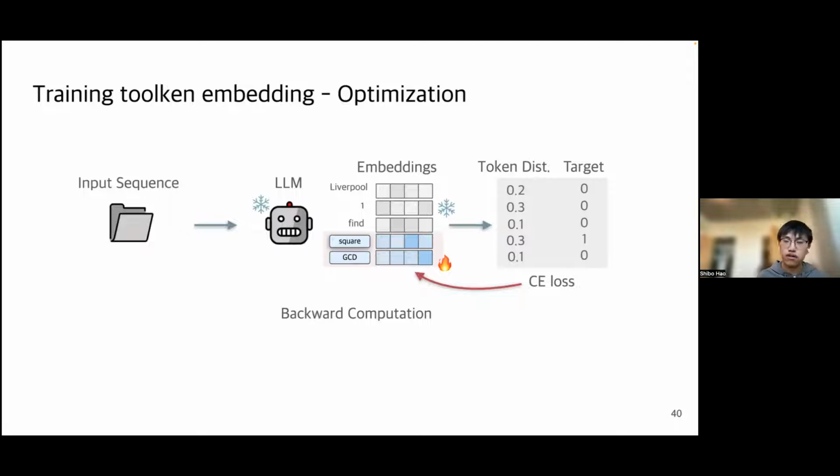No, I think all the parameters in the LLMs are frozen, and we only train the token embeddings, which are introduced by us. So these parameters don't exist in the original large language model. We just initialize some parameters and append them to the last embedding layer of the language model.